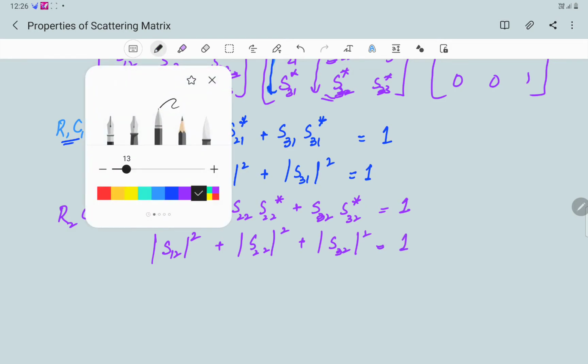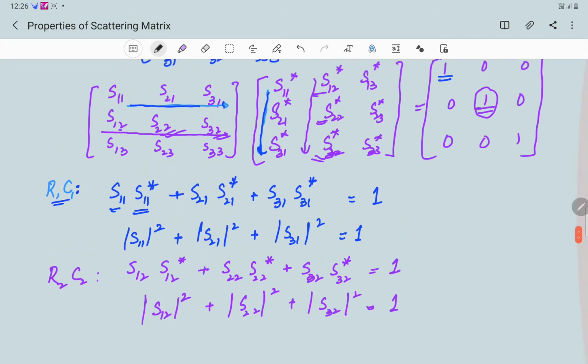Finally, I can also multiply the third row with the third column. When I multiply the third row with the third column, I'll get the third diagonal element.